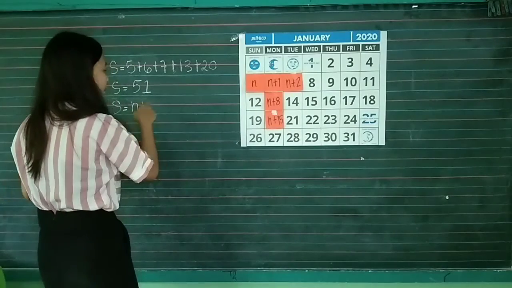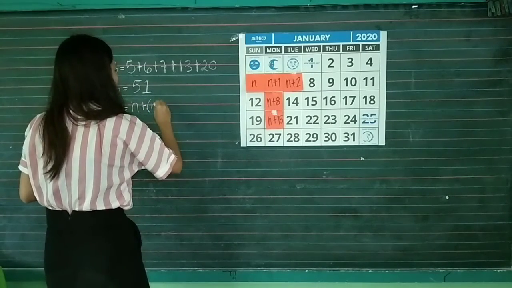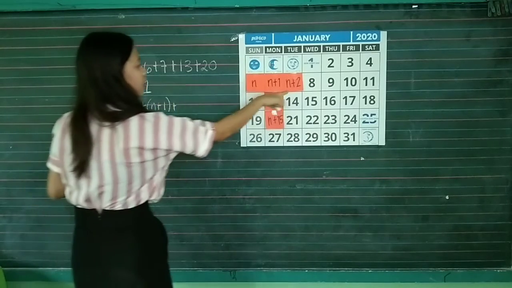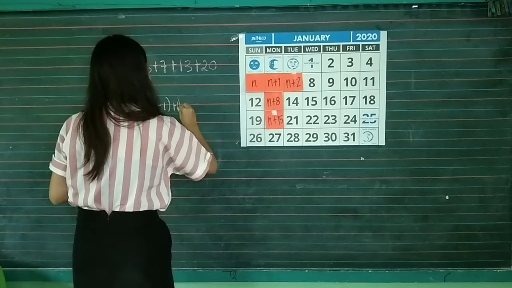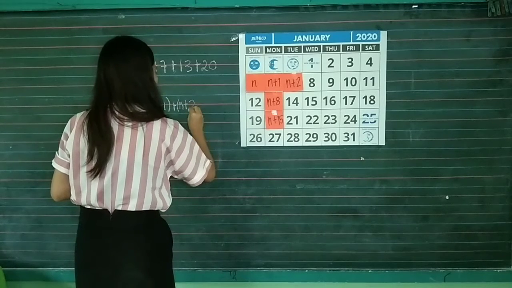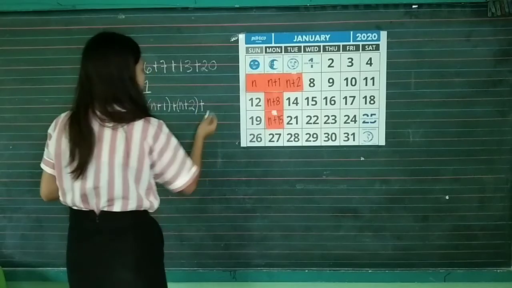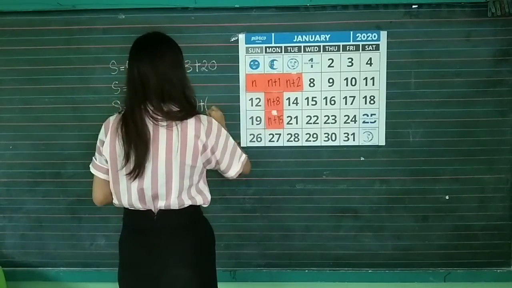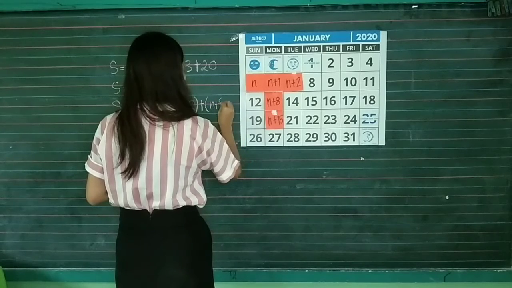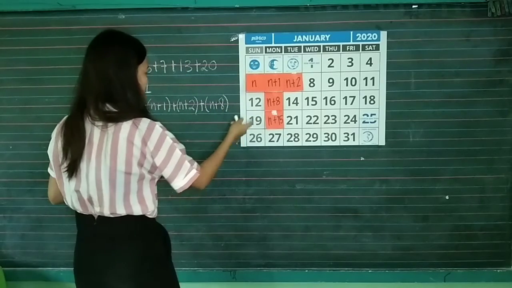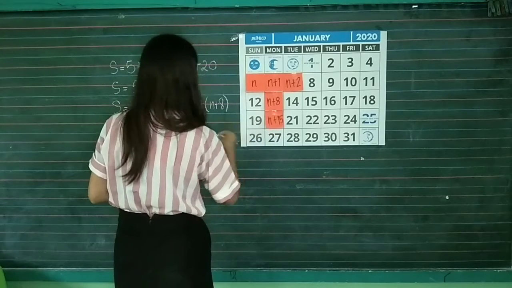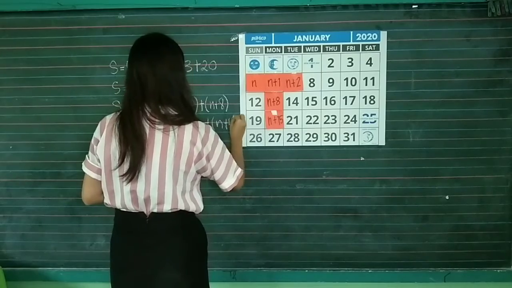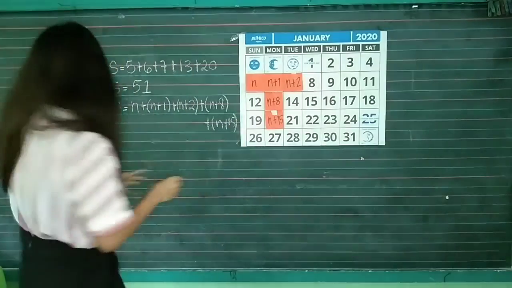We have n plus 1, plus for 7, n plus 2, plus for 13, we have n plus 8. And for 20, we have n plus 15. So let me arrange it.